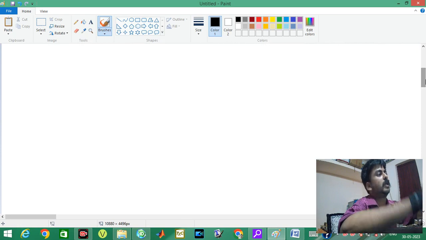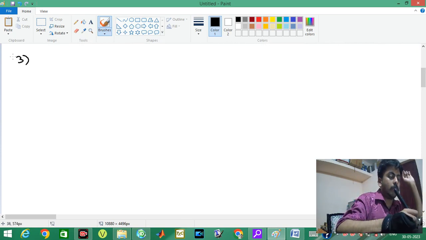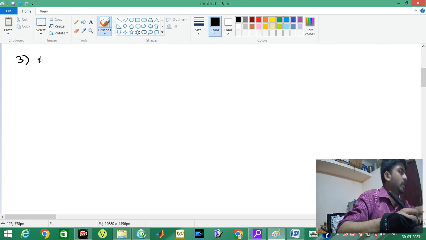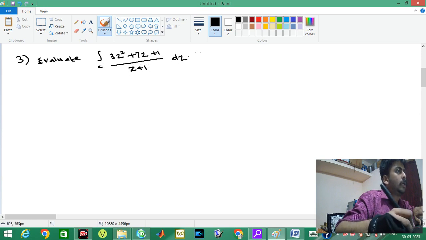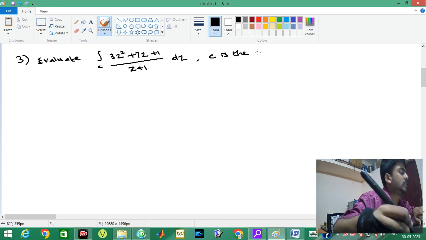The third problem is evaluate the integral over C of (3z square plus 7z plus 1) divided by (z plus 1) dz, where C is the circle.